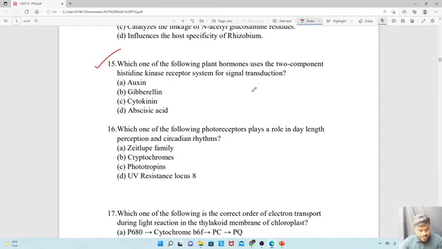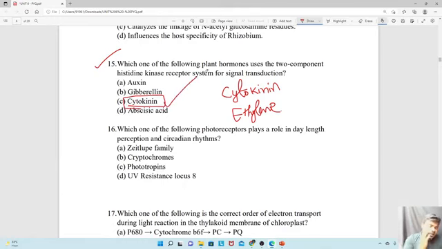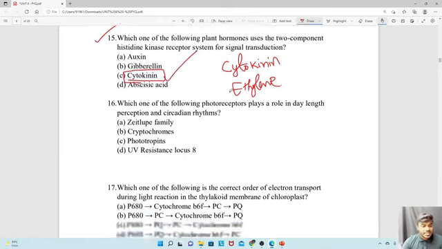Come on, everyone. Friends, we discussed that cytokinin can show the two component signaling system. Ethylene can also show the two component signaling system. But in the given question, they did not give ethylene in the options. Then undoubtedly what will you choose? You will choose cytokinin as the correct answer. Amazing.